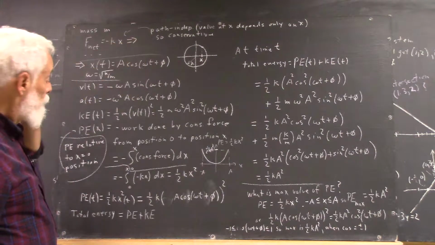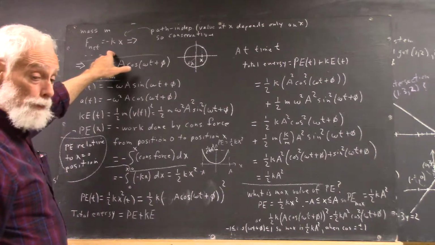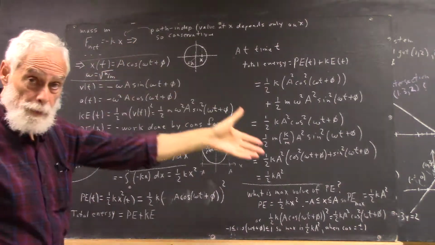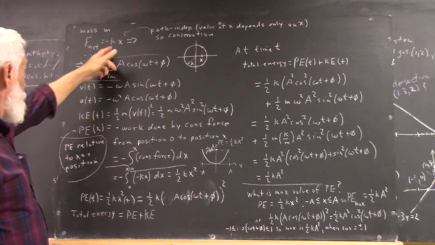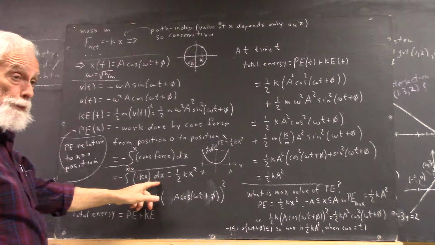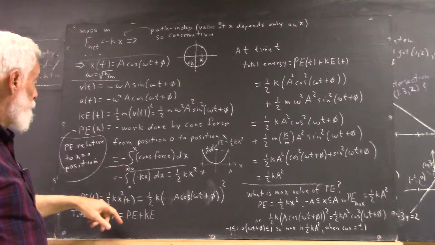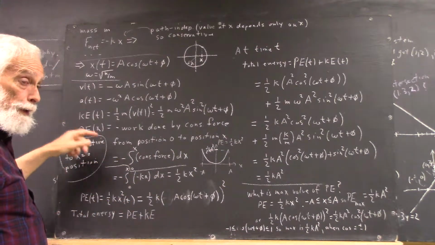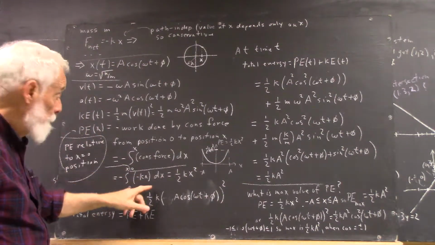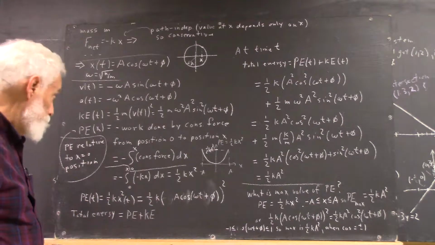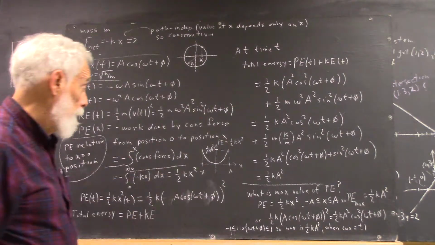I'll say why in a minute, but this is a conservative force because it's path independent, but we'll discuss that shortly. So right there's your force. That's what's integrated with respect to x from 0 to x. And the potential energy at x then is going to be equal and opposite to the integral done by the conservative force. And that comes out 1/2 kx squared.